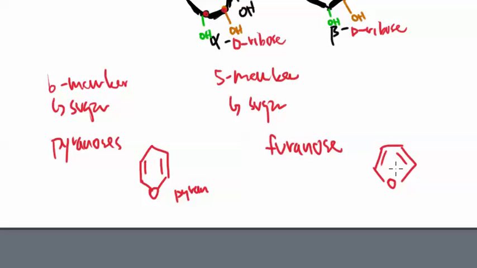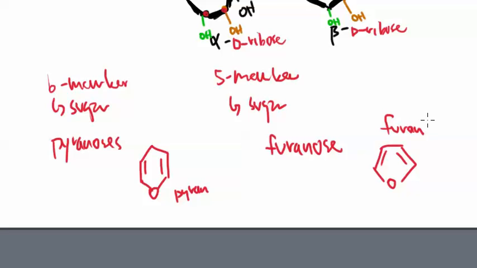So that is furan, F-U-R-A-N. If I take furan and get rid of the double bonds and put OH groups on that structure, then we change that into a furanose. So that is the definition of the sugar counterpart to these root names.